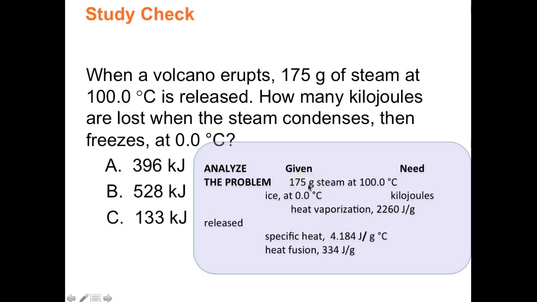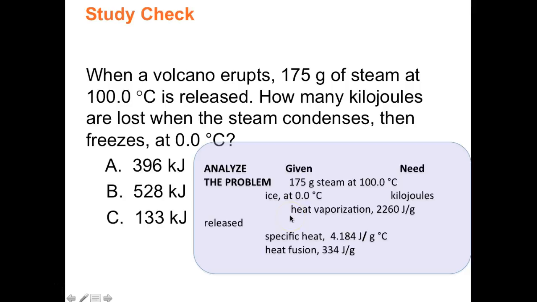So you have to take a cooling curve in this case. So it'll be 175 grams of steam, and you have to convert it into joules. So you'll multiply by the 2260. This is happening at 100 degrees, so the temperature is not changing.